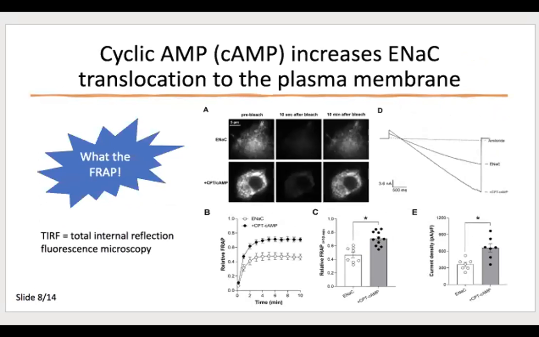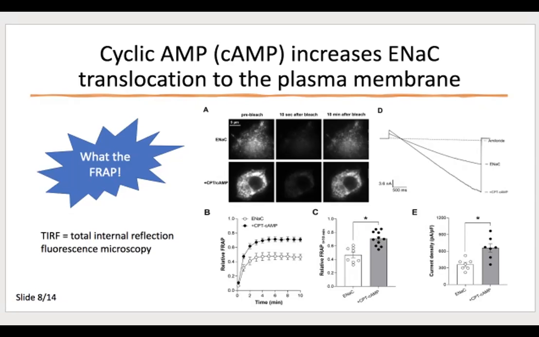Then we also did fluorescence recovery after photobleaching, or FRAP, studies on COS7 cells, which are monkey kidney cells. We transfected them with the complete ENaC protein tagged with YFP, or yellow fluorescent protein. Photobleaching basically causes the membrane proteins to retract into the cytosol, and then if you give it time to recover, the membrane proteins return to the membrane. We use TIRF microscopy, which allows us to examine the proteins specifically at the membrane level.